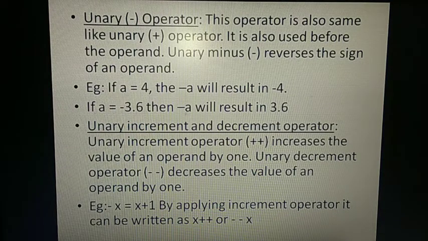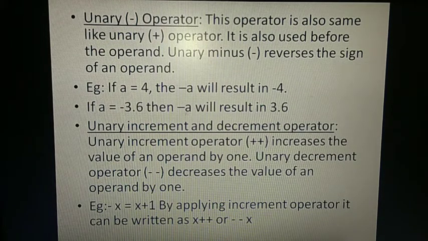Next, unary minus. This operator is also the same as your unary plus operator. It is also used before the operand, but what happens? Unary minus reverses the sign of the operand. Clear?